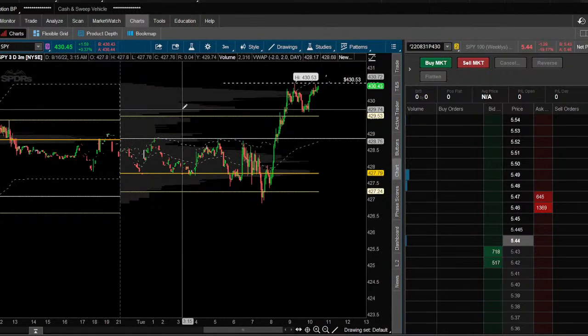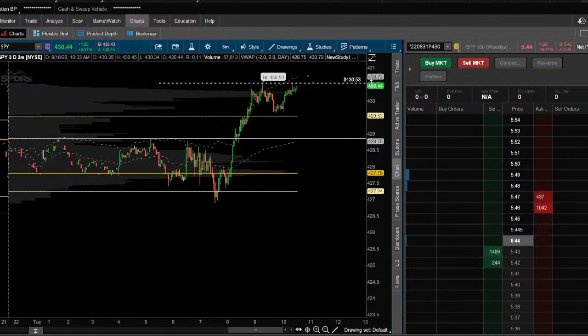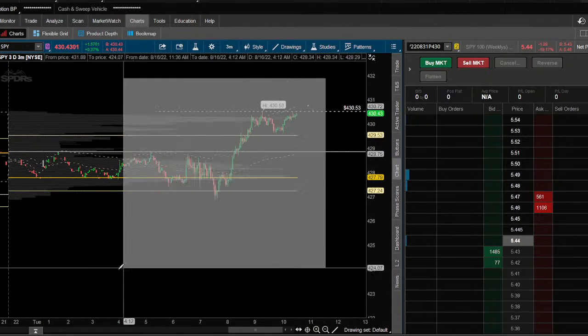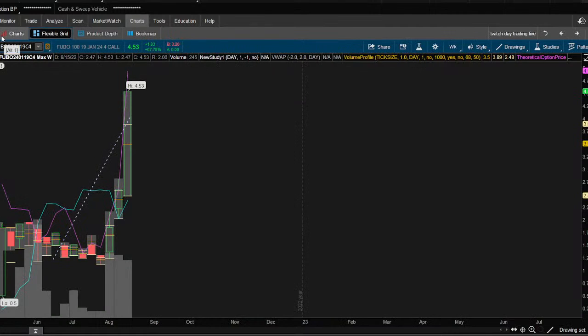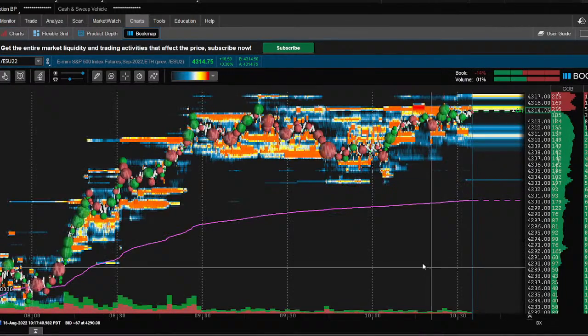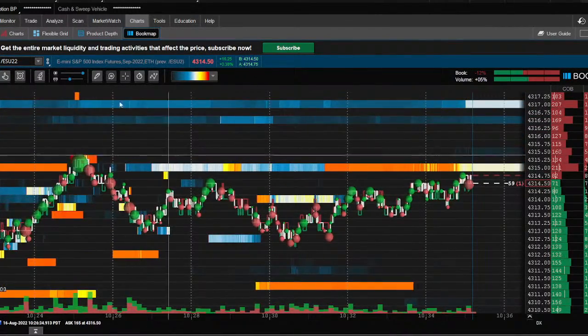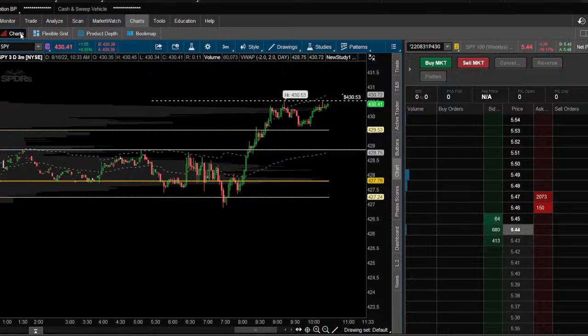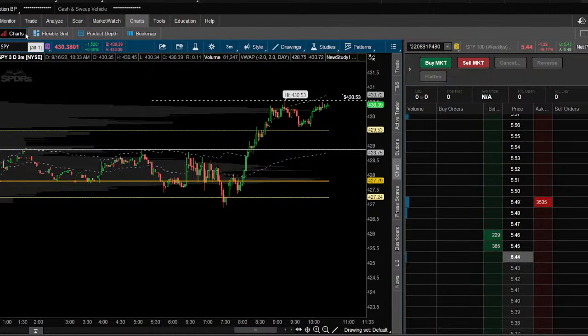But this could potentially happen, the same thing here. So now I'm very hesitant to enter for a short here.